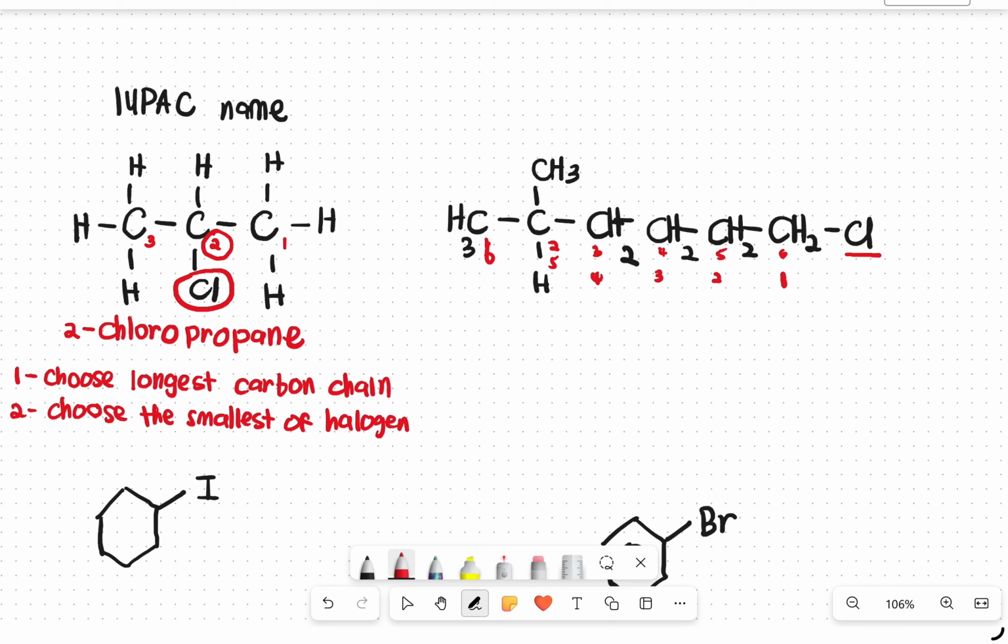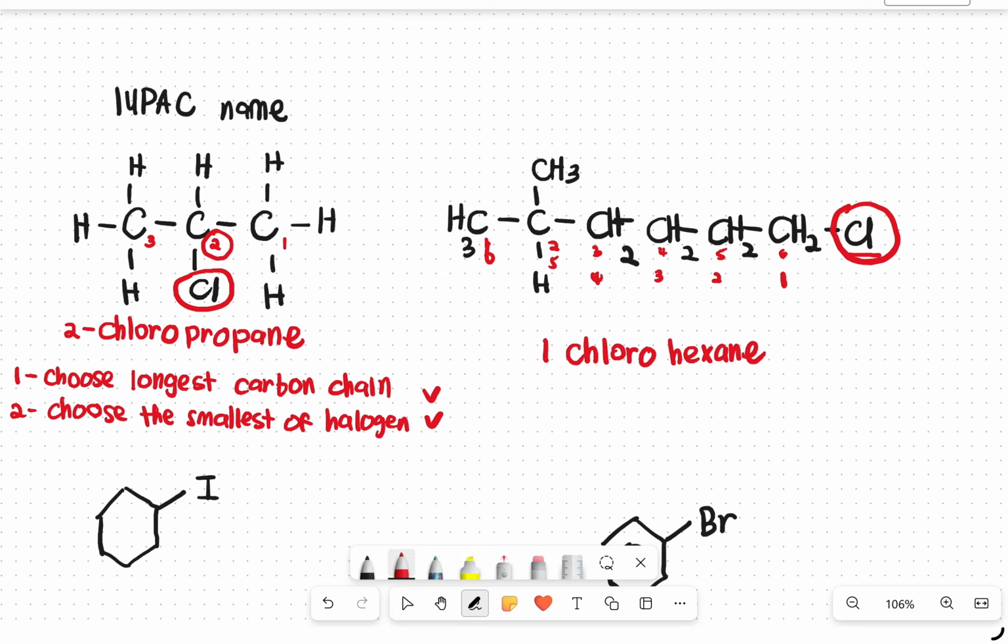So it means the chlorine is attached at carbon number 1. If chlorine is attached to carbon number 1, then it fits the rule, instead of 6. So the name here is, 6 carbon is hexane. So write down hexane at the back. And the position of chlorine is carbon number 1. So 1-chlorohexane.